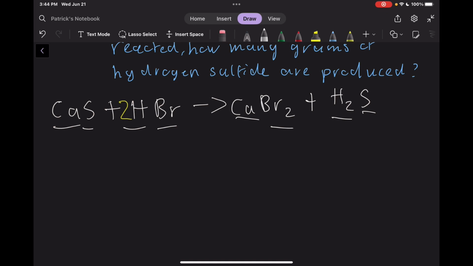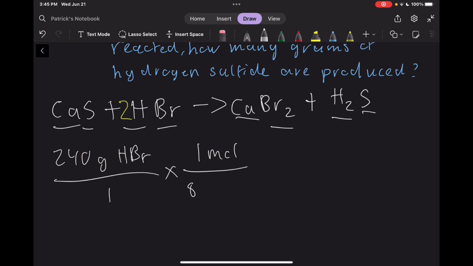Hydrobromic acid is our substance A, and hydrogen sulfide is our substance B. We convert 240 grams of hydrobromic acid into moles by multiplying it by the inverse of the molar mass of hydrobromic acid, which is about 81 grams per mole. We get 2.96 moles of HBr.